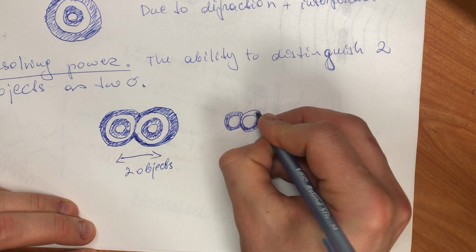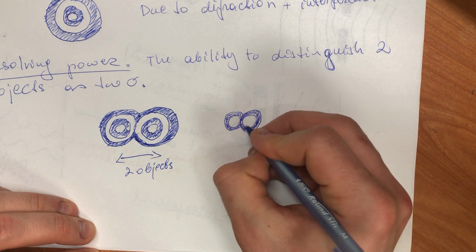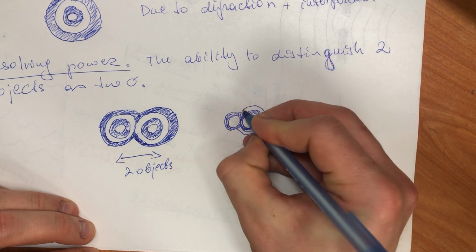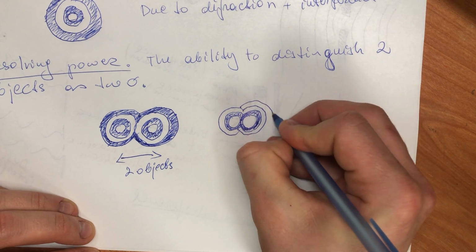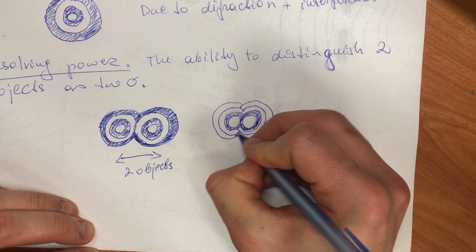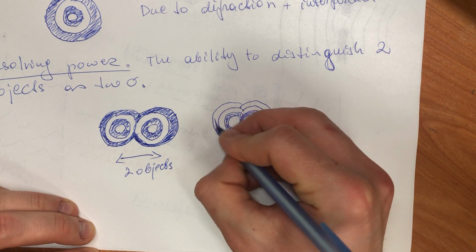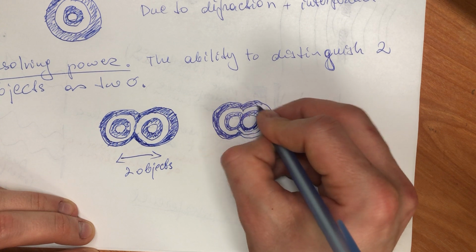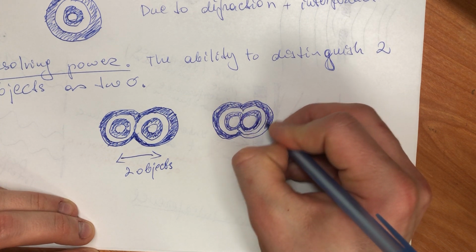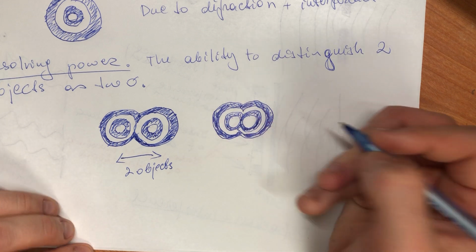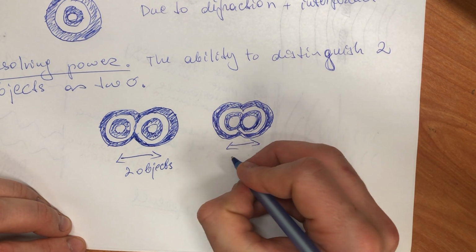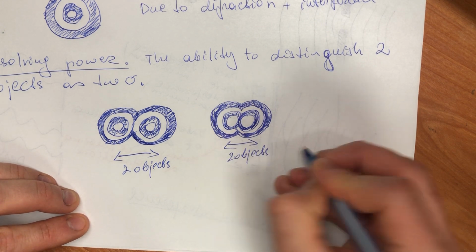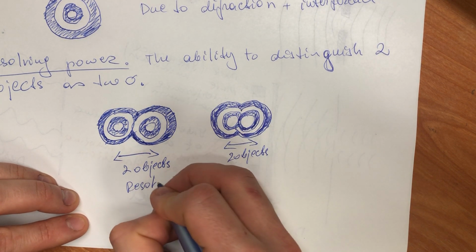In another picture, when these objects are closer to each other, the diffraction does its job, and these objects merge a bit. The objects don't merge, but due to diffraction, it looks like they merge a bit. So in this case they are resolved as two.